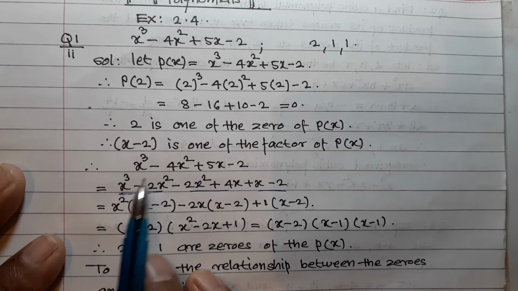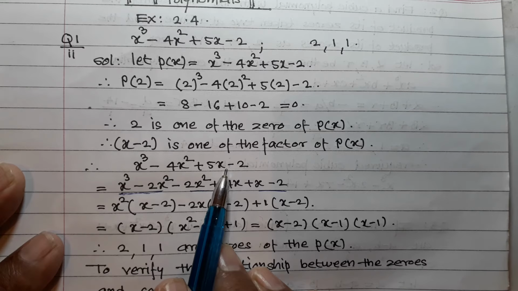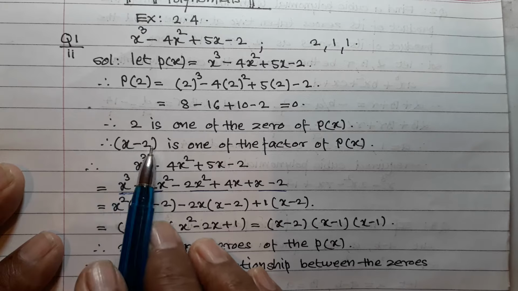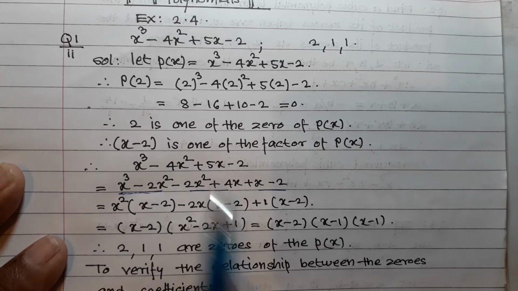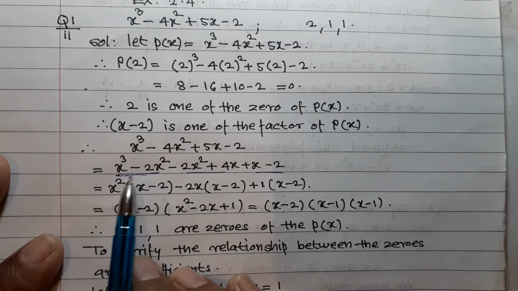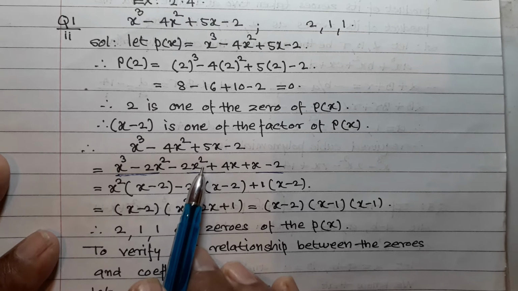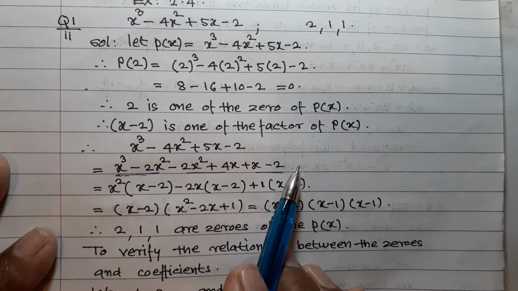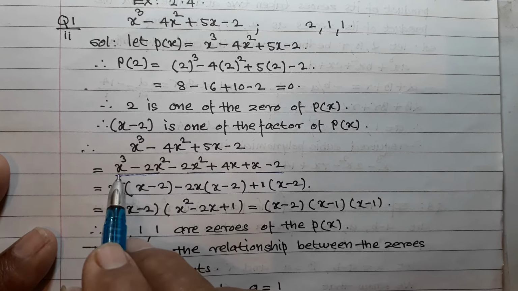Now you split up this term so that you will get x minus 2 as a common factor. Okay, so I split up this term as x cube minus 2x square minus 2x square plus 4x plus x minus 2, and I make groups.